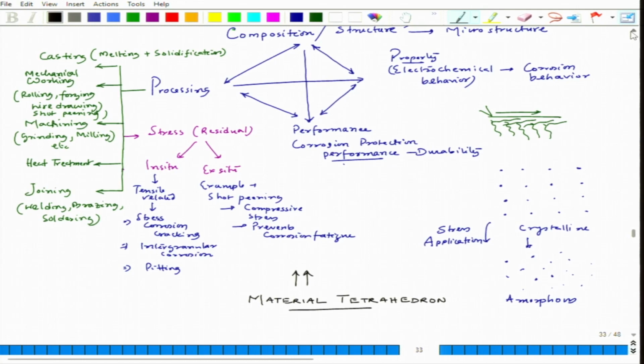We will see later that in many cases in engineering application fields, the corrosion resistance is decided by the performance of the surface film, the passive layer or the oxide layer, the oxide or hydroxide that forms on the surface. That passive layer could be in situ or ex situ. Here we are talking about the in situ passive layer, that means when the material reacts with the environment and forms some surface film.